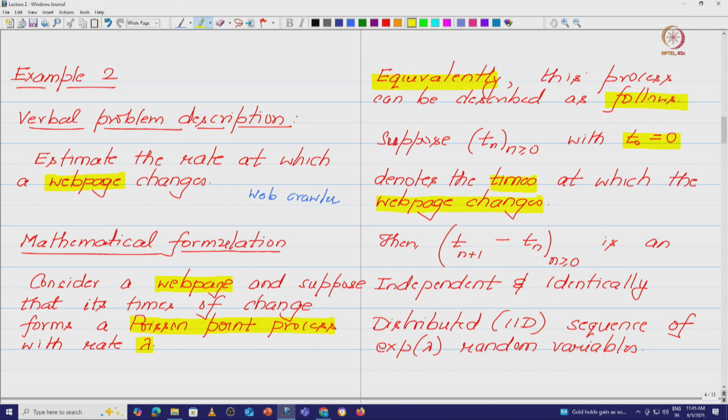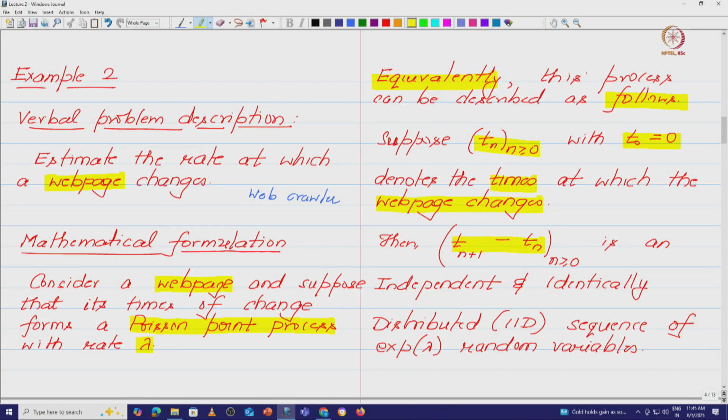We will say the sequence of time instances follows a Poisson point process if the interchange time instances, which is Tn plus 1 minus Tn, are positive real numbers, since Tn and Tn plus 1 are real numbers.